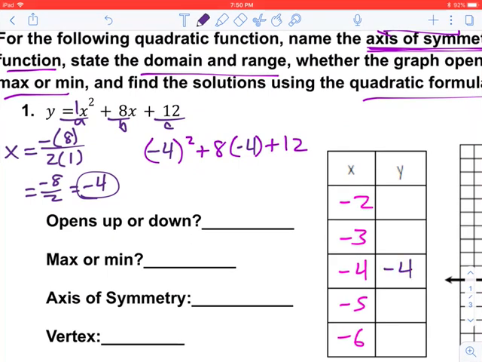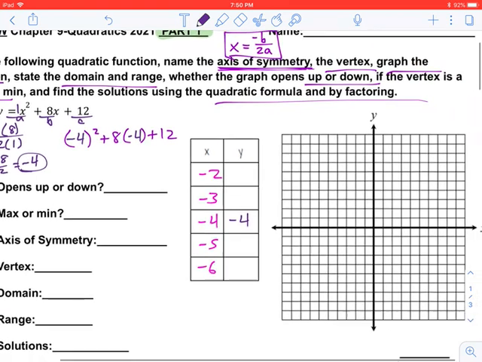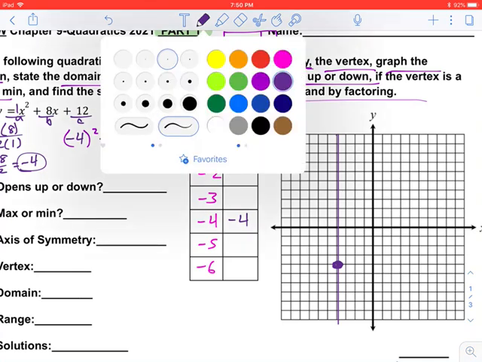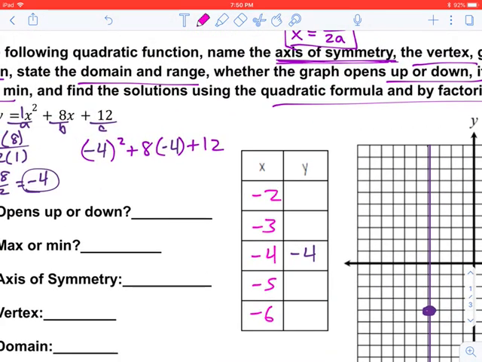All right, and then, so what I'm going to do now is plot my vertex. So negative 4 is going to be right here, and that's also going to be where my axis of symmetry is. Oops, try that again. Okay, so that's kind of where I'm splitting it up. And now I'm just going to replace the negative 4 with the other numbers I want to plug in. So instead of negative 4, I'm going to do negative 3 now.